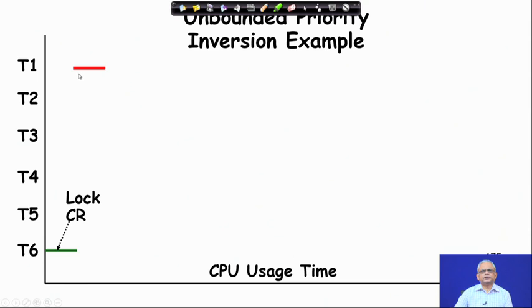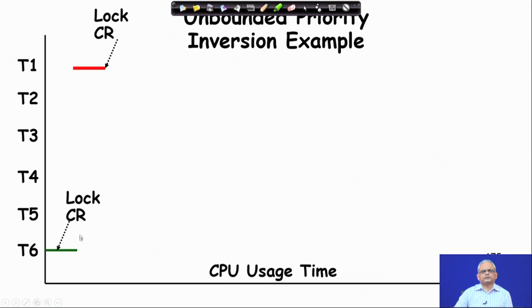It started executing, preempted T 6 because T 1 is of higher priority, started using the CPU, started executing, but after some time into the execution, it needed the critical resource CR, but then it will not get CR until it is released by T 6.